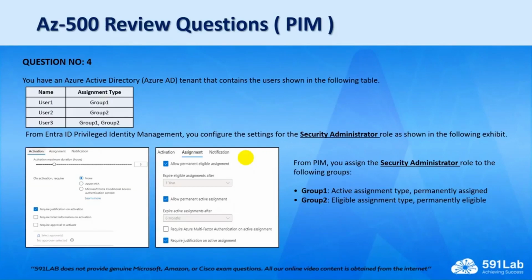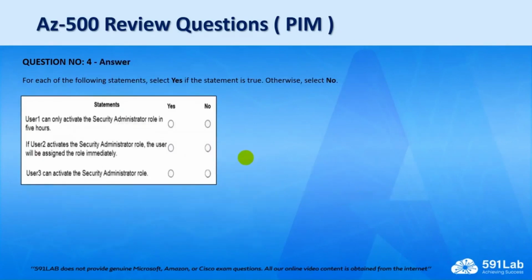You do not get the option to activate. So here user 3 is a part of group 1 and group 2, and group 1 is going to enforce the permanent assignment of that role on user 3. So user 3 is not going to get the option to activate the role. So the answer should be no.